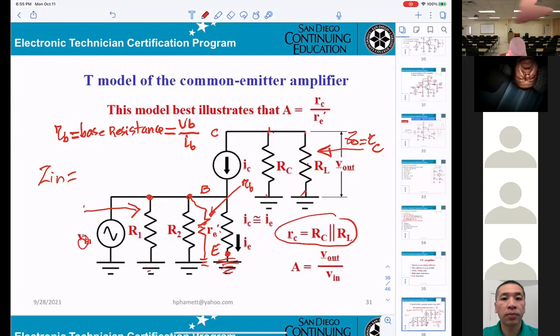But looking at input impedance, that means if you're looking from your input into the amplifier, how much resistance you see, now you can say R1 parallel R2 parallel RB. That means this one parallel to this one, parallel to this RB right here. Not RE, not r'e, no. That is inside the transistor.